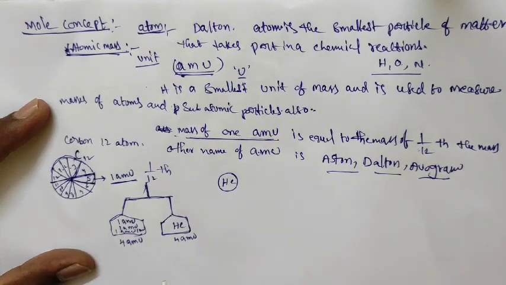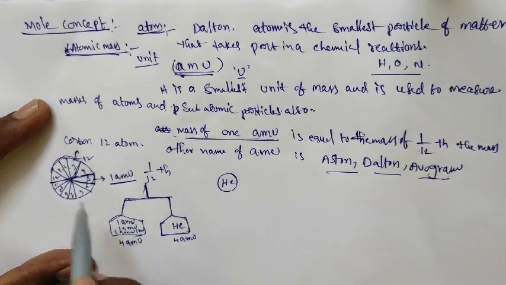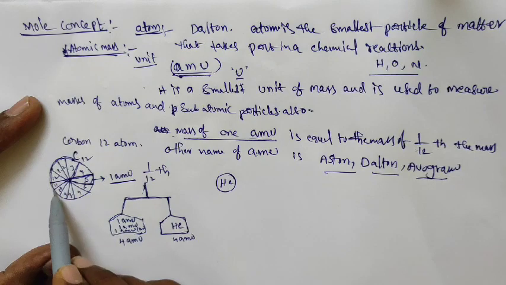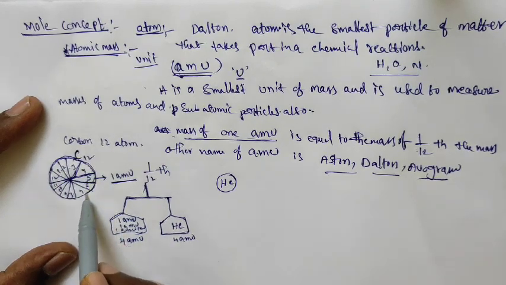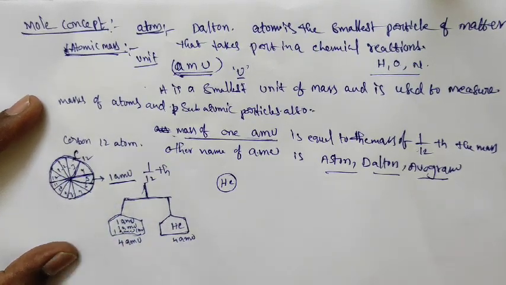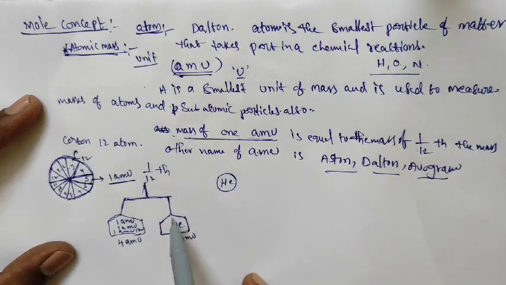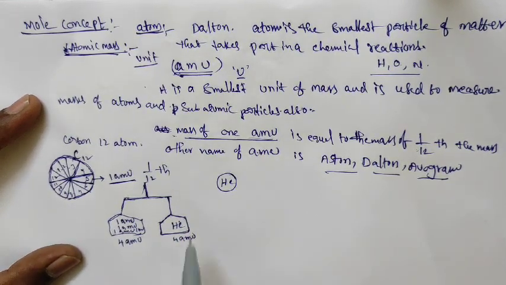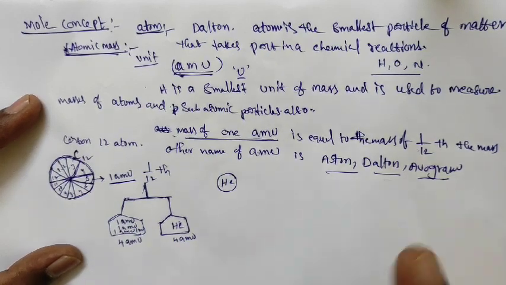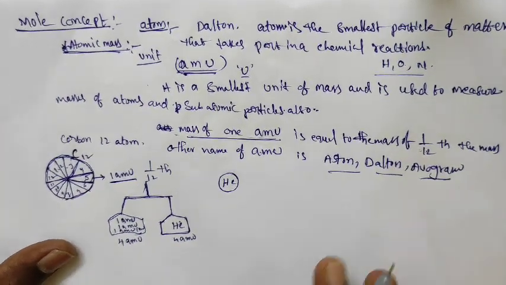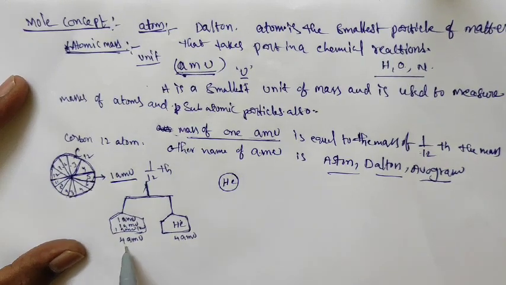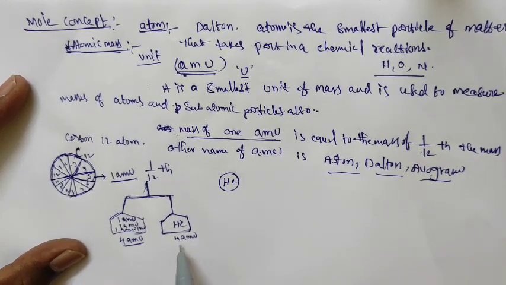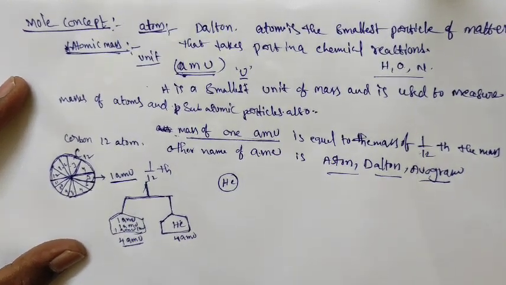Earlier, scientists measured like that. It is like a watermelon cut into 12 pieces, with one piece on this side and a brinjal or banana on the other side, to see whether it balances. Now 4 AMU is equal to the helium mass.